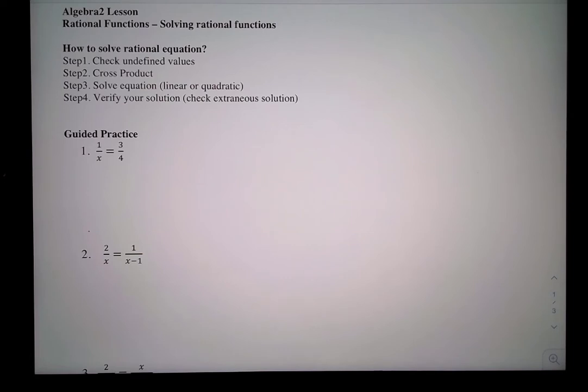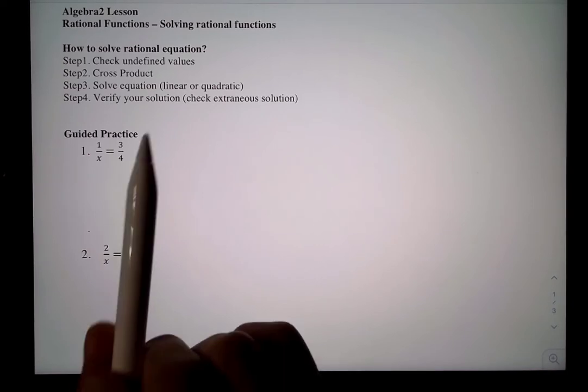Because that's a fraction, we cannot have 0 on the denominator, right? So we exclude the number that makes 0. So that was yesterday's lesson. And today we will solve rational equations, but we will use that undefined value. We can't have that. So after you solve it, if you get an undefined value as a solution, then we need to exclude that one. Just like a radical function extraneous, right?